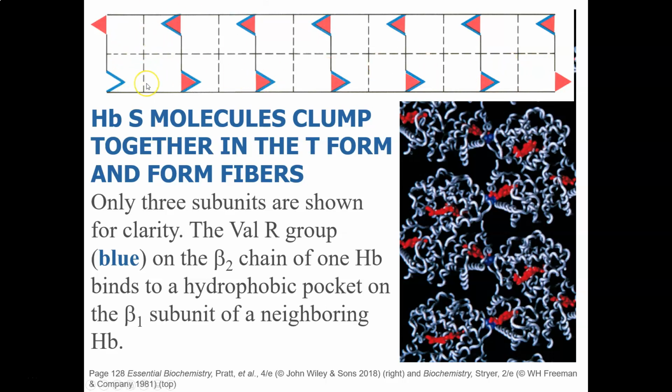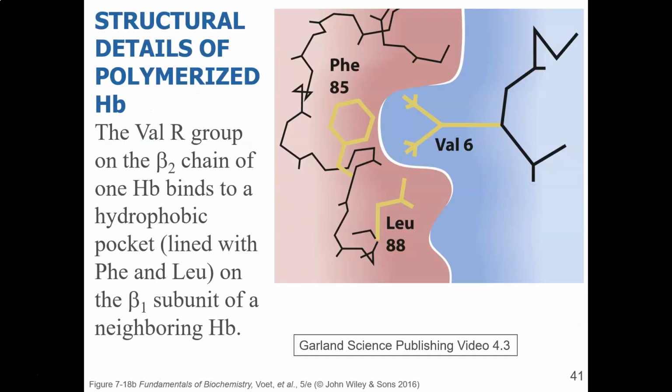You have the nonpolar pocket, which is just naturally present on the T form of hemoglobin, and the valine fits into one of its neighbors, and that's why the hemoglobin forms these fibers. So here's another picture right here. Here's the valine, which is able to fit really nicely into this nonpolar pocket.